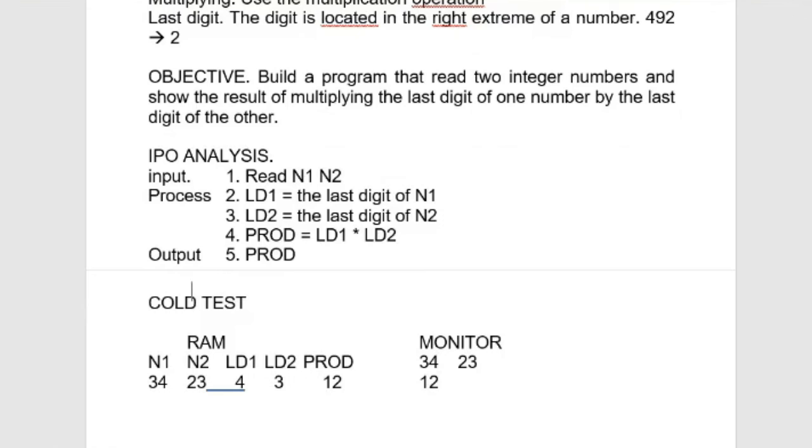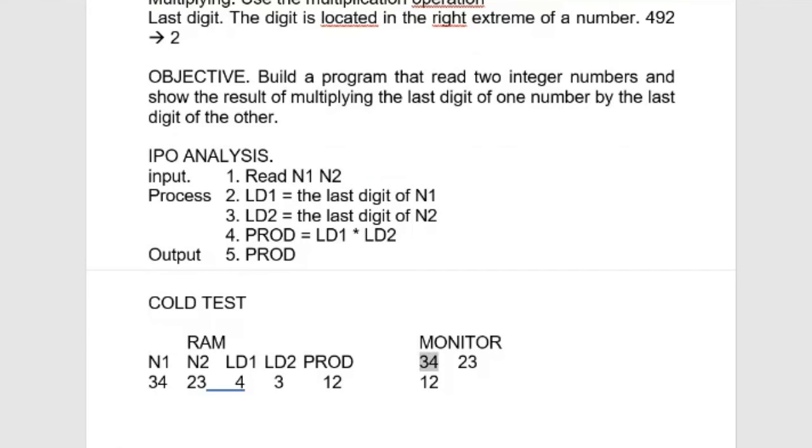Now, let's see the objective again. The objective is to build a program that reads two integer numbers and shows the result of multiplying the last digit of one number by the last digit of the other. Now let's see only the monitor. Don't look at the RAM, only the monitor.